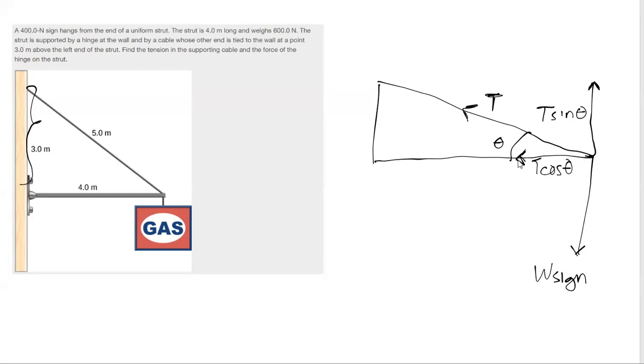Normally we can represent the weight of the strut as located at its center of mass. Since the strut is symmetric, or at least we assume it to be, we can simply assign the weight of the strut to be at the middle of its length. Because it is 4 meters in total, this will be 2 meters.